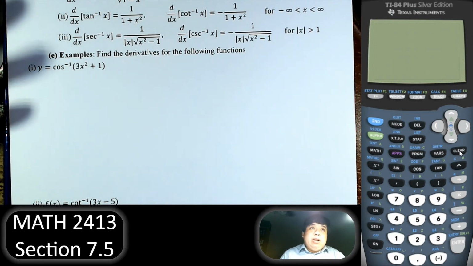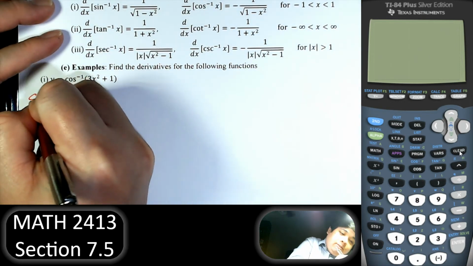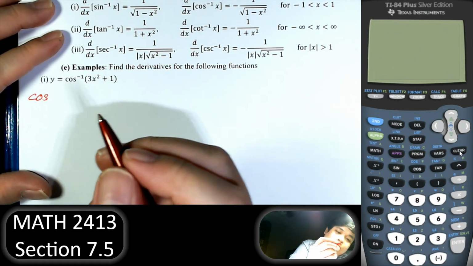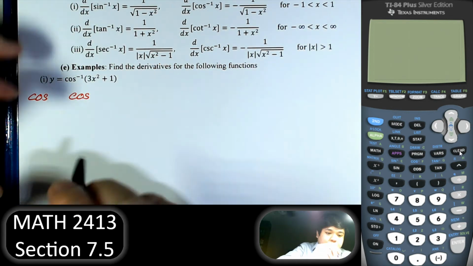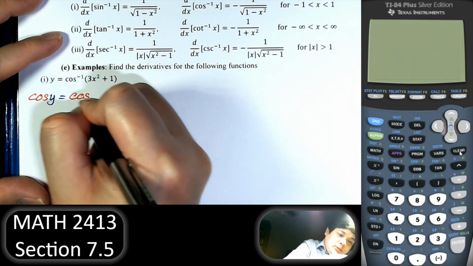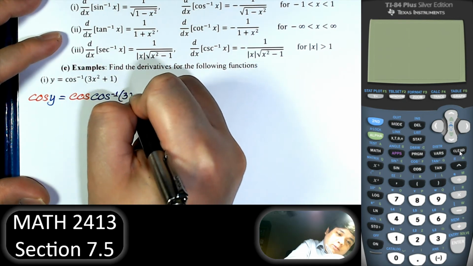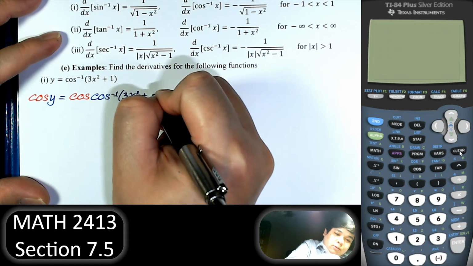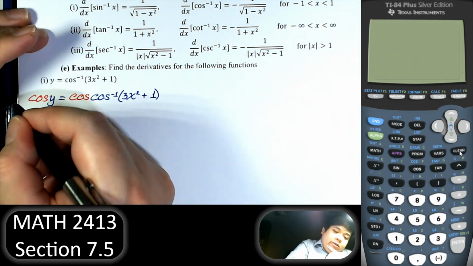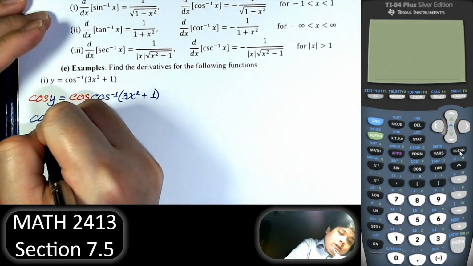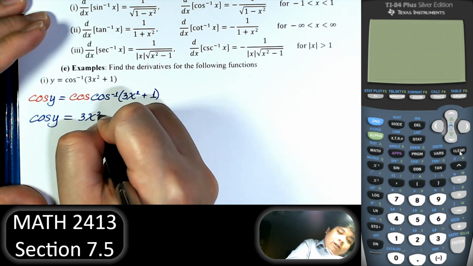To get rid of the cosine inverse, we'll take cosine of both sides. We have cosine of y, cancel that, we have 3x squared plus 1.